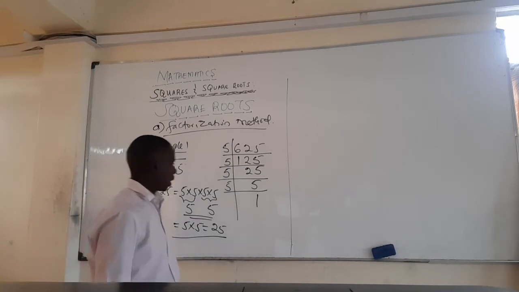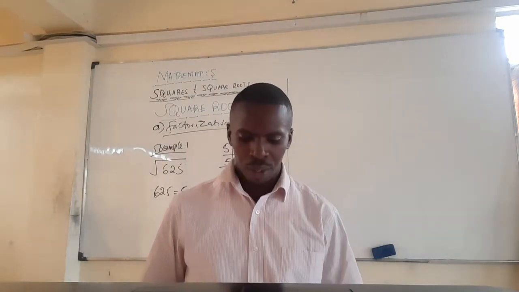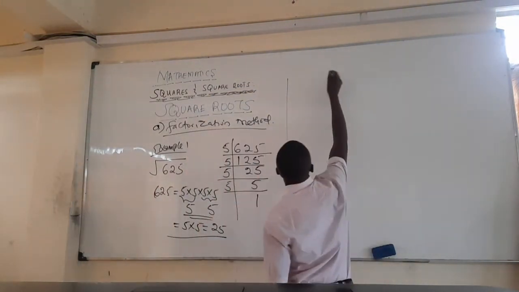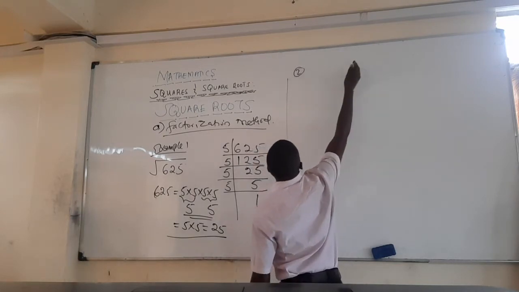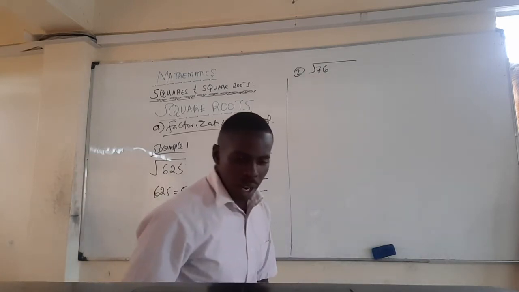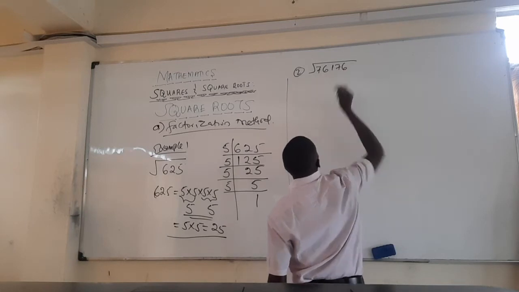Let's do another example so we can see how to do this. Example 2: the square root of 76,176.